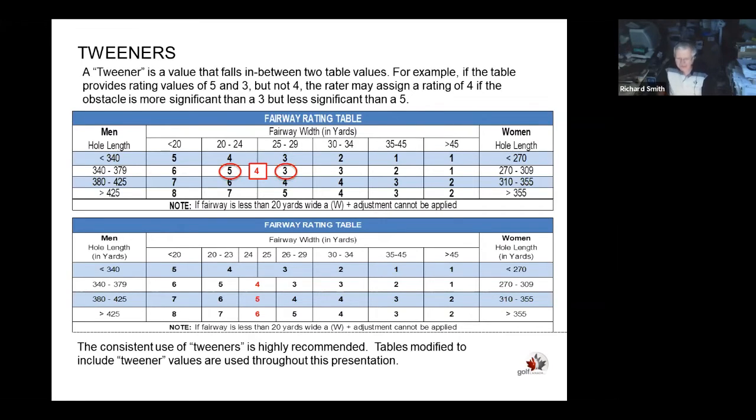Anyway, moving on. The tweeners here, it's highly recommended that you use tweeners, not just on the fairway table, but there's still a few others. Although in revisions to the course rating guides, they have eliminated a lot of the need for tweeners, but there are still some.